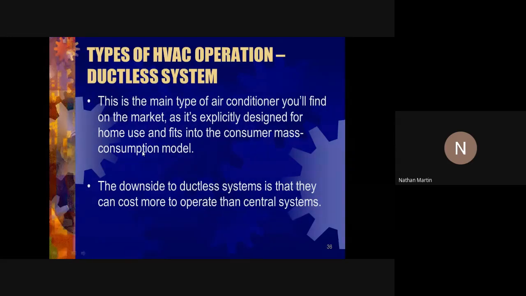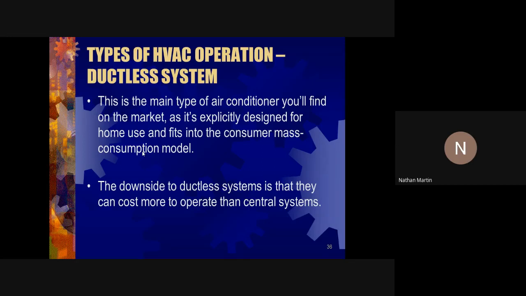Now, the ductless type of air conditioner is what you will find a lot on the market, and that is the inverter type, right? It's explicitly designed for home use, but it also finds use in commercial and industrial settings because of its versatility and the configuration of the building. Persons are moving away from central units, and when you look at a building, there's so many compressors outside that probably take up one wall around the back of the building.